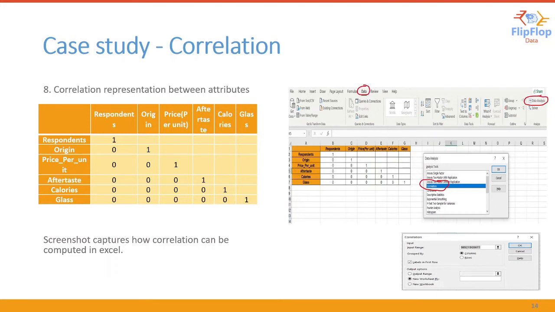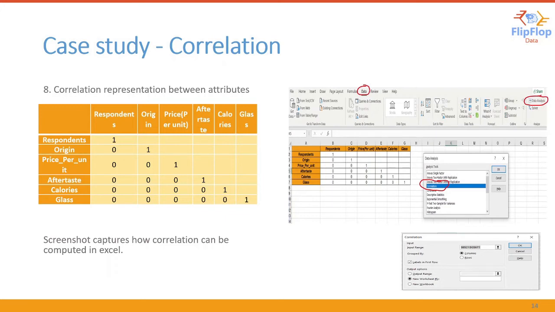What lies next is calculation of correlation between those attributes. I have just shown a calculation of correlation which shows that this is an orthogonal design, which represents nil correlation between attributes.